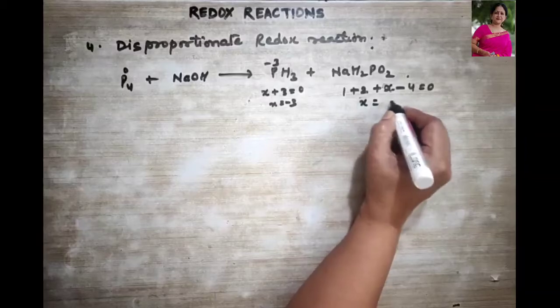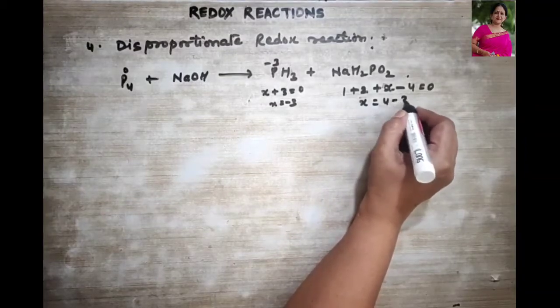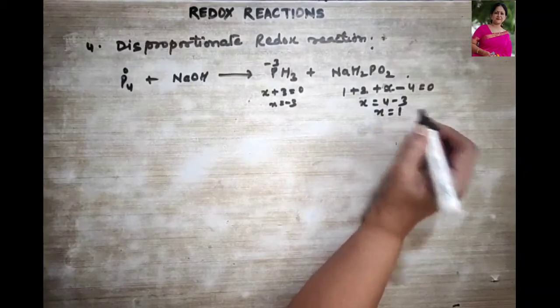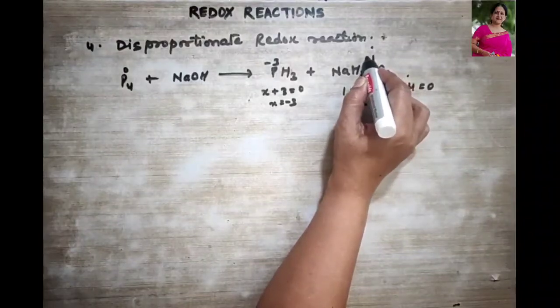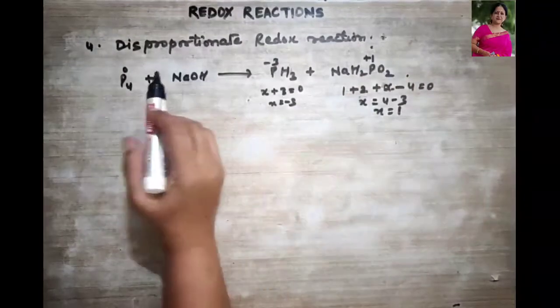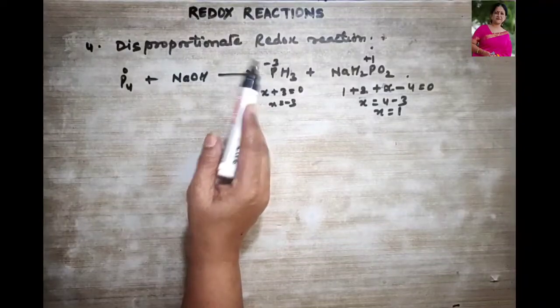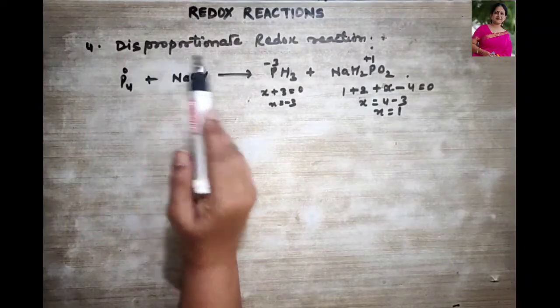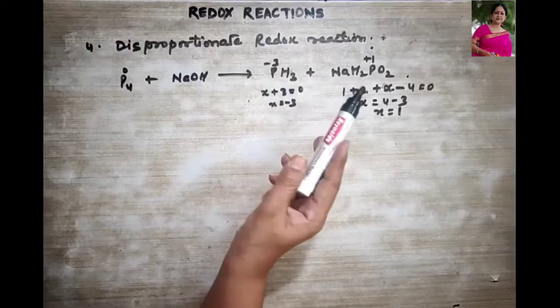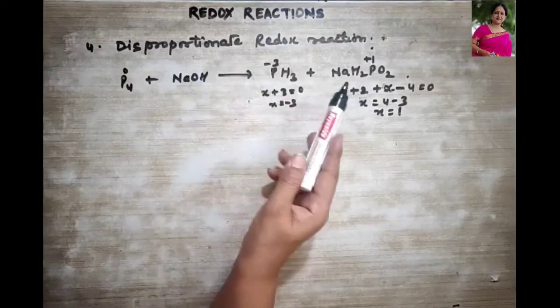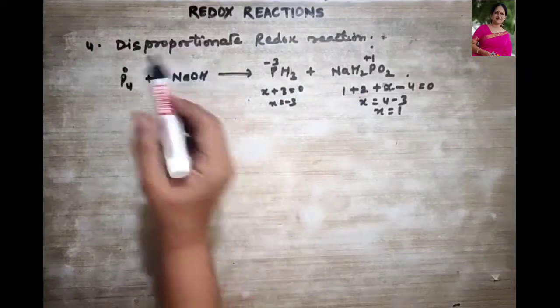So X is equal to 4 minus 3, so X is 1. So over here phosphorus is plus 1. So what did I say? In a disproportionate redox reaction, for one element we will see oxidation as well as reduction, both taking place simultaneously.